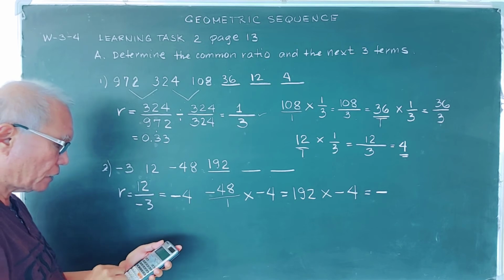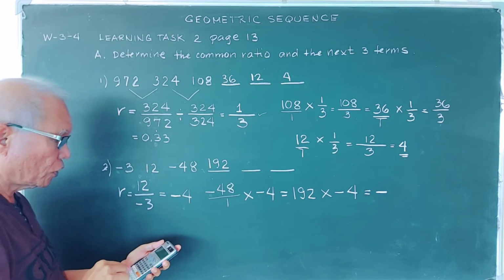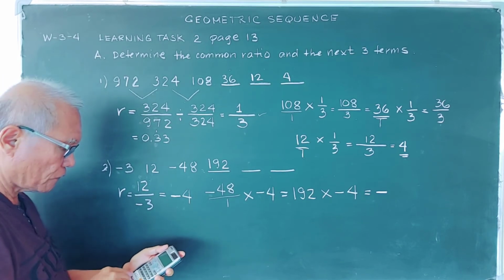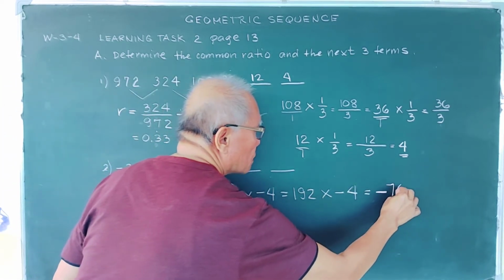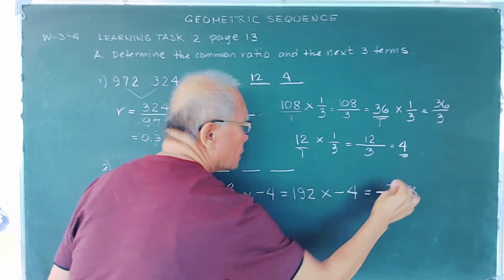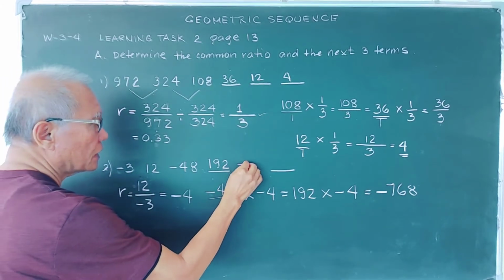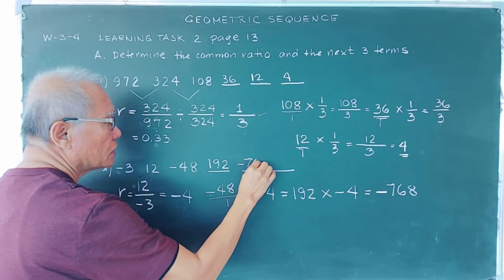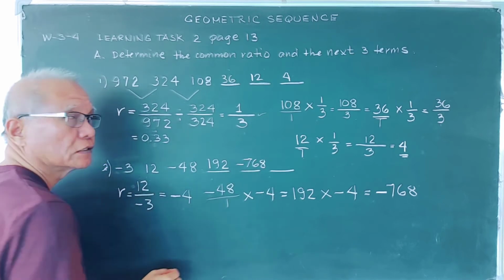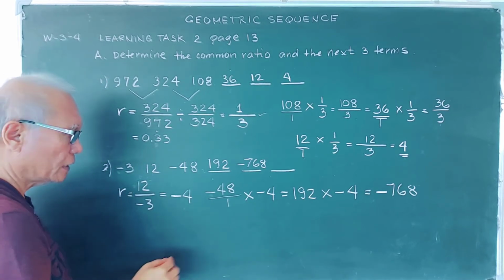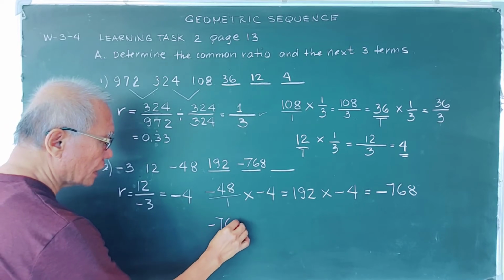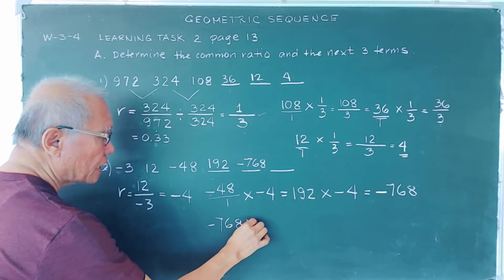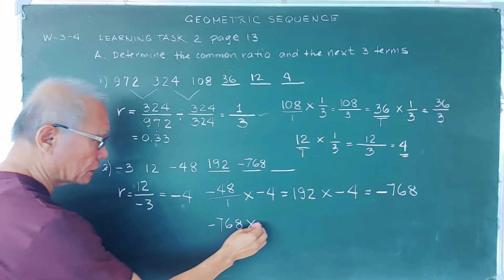And then, 192 times 4 or negative 4 ay 768. So, ito ay negative 768.